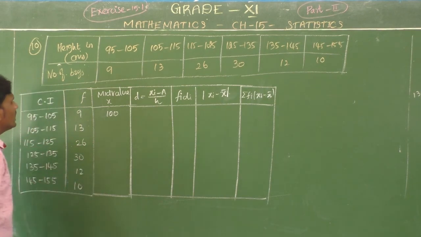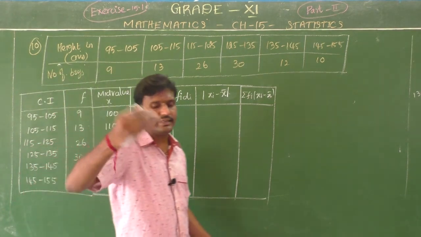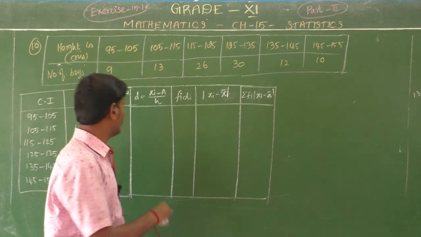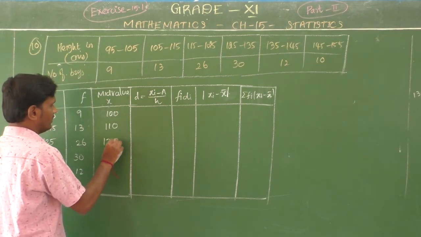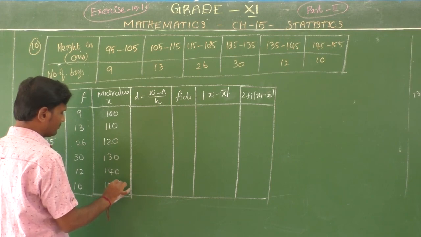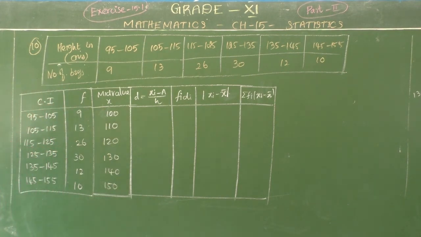Then 105 plus 115 is 220, so 110. Hereafter it is very simple, just add 10 consecutively. So 110, then 120, then 130, then 140, finally 150. These are your mid values.